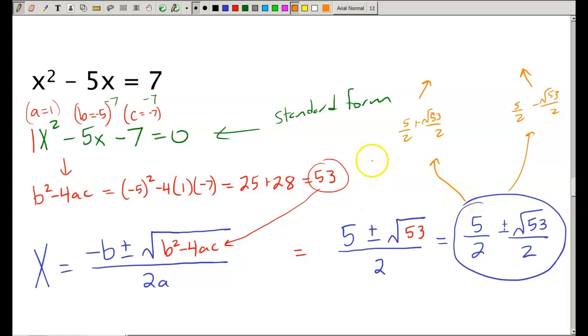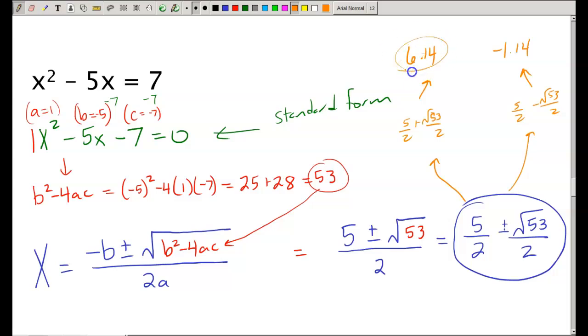The answer is yes. We have 2 values here and here, and if I actually plug those in, I get 5 halves. Let me plug it in for you. Root 53 divided by 2. This actually gives me about 6.14 if I approximate that and evaluate it. And then the other one, if I do subtraction, I get about negative 1.14.